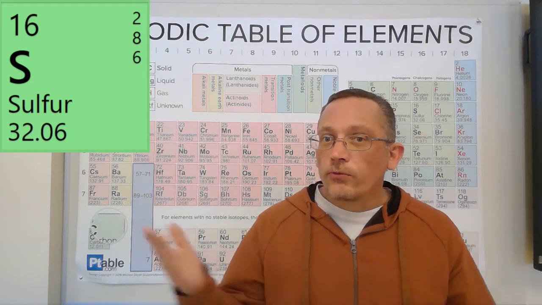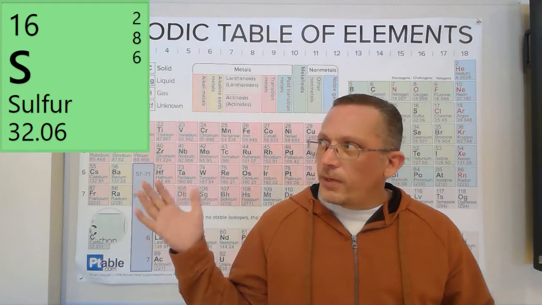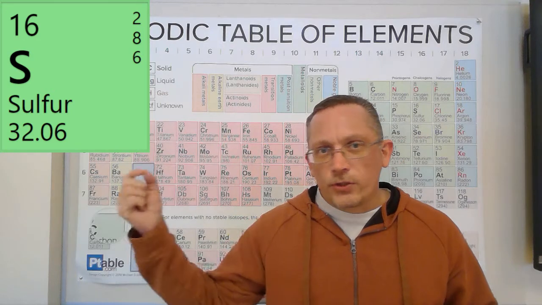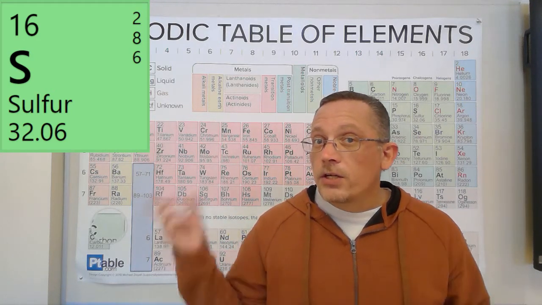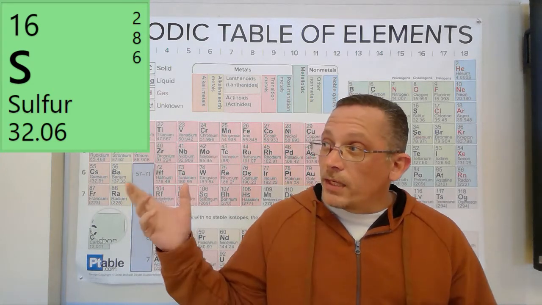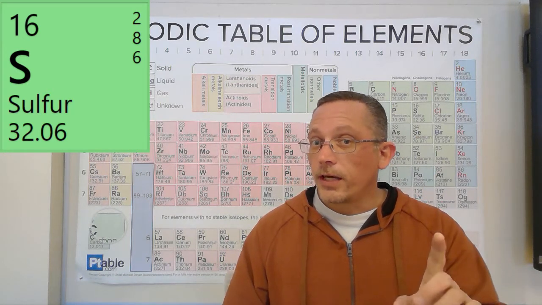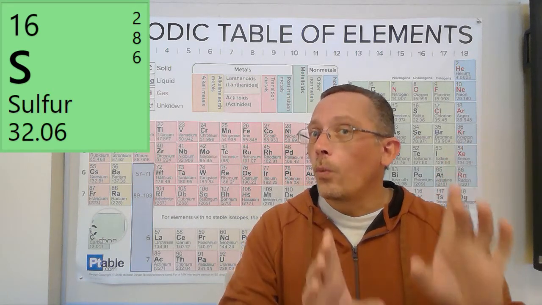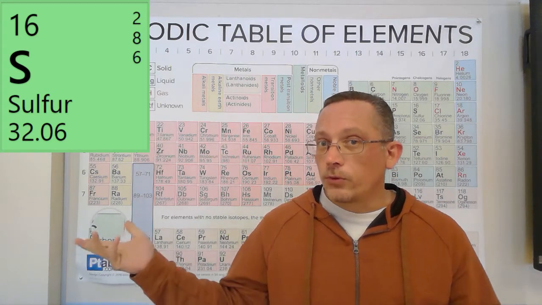So for example, if I have sulfur up here, you can see sulfur is about 32. There's a decimal there, 32 point something. We can round these off, and that's fine. So I look at sulfur and I say, oh, it's about 32. What that means is that 1 mole of sulfur atoms, listen to that closely, that's going to be very important, 1 mole of sulfur atoms weighs about 32 grams.